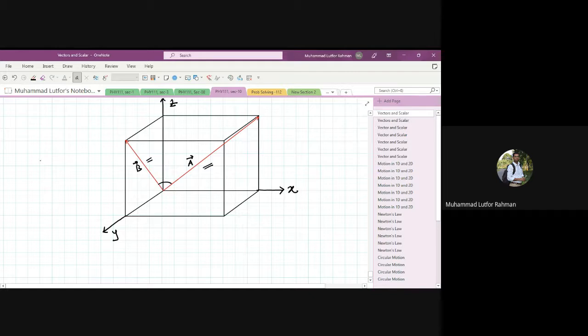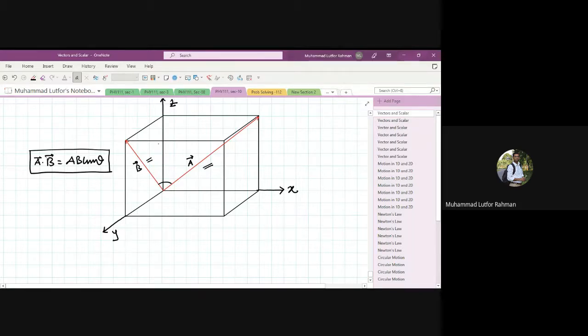To find out the angle between these two vectors, I will use that formula, because when I'm going to find out the angle, I will always use this formula: a dot b equals ab cosine theta. This is very useful and very handy to find out the angle between any two vectors. Then I have to represent that vector.